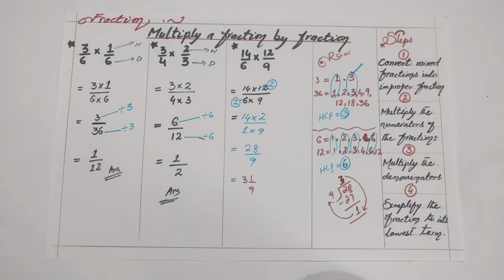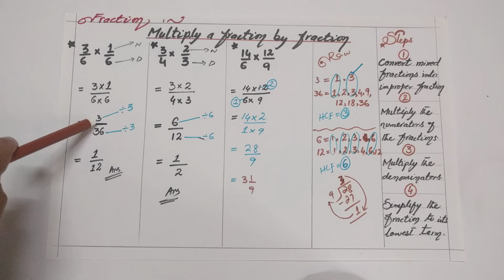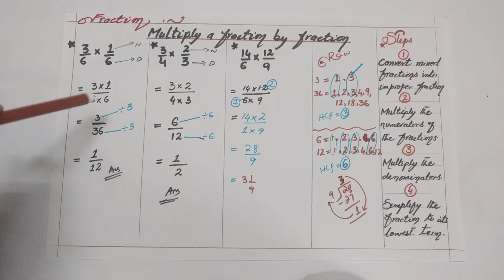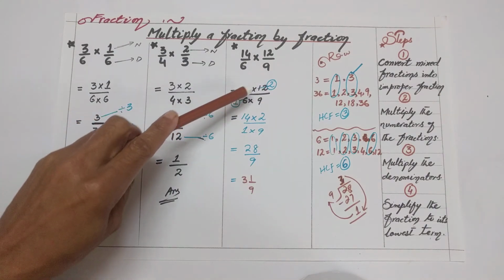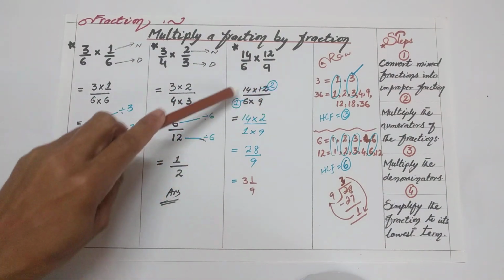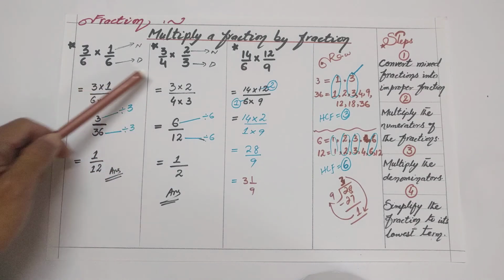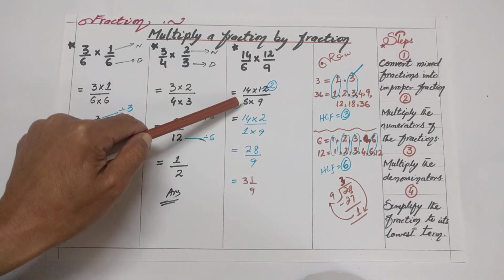Clear? So you can also use this method to get the lowest form of the fraction, or you can directly find the common factor over here. It's up to you which one will be easy for you. You can apply this method or you can also apply this method.